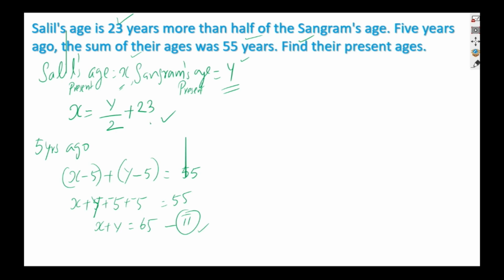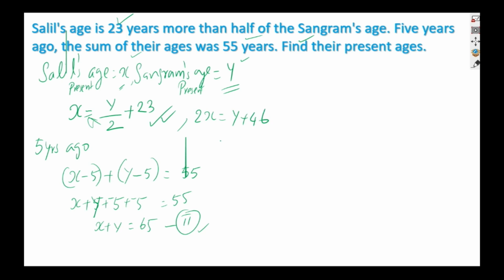We have got another equation here, x is equal to y upon 2 plus 23, which can be rewritten as 2x is equal to y plus 46.